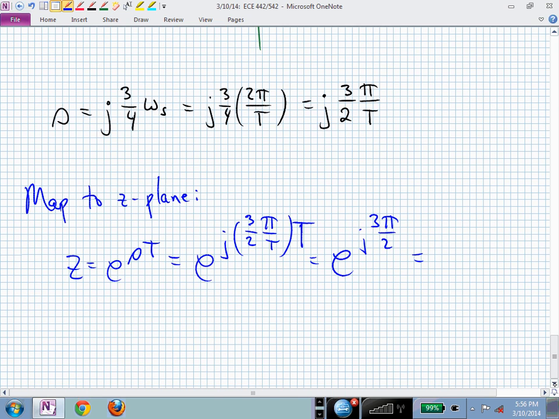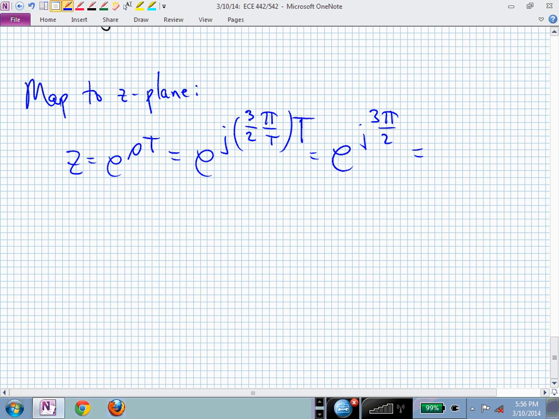Now, if we look at that point in the z-plane, we have now gone all the way around this unit circle (270 degrees), 3 pi over 2.